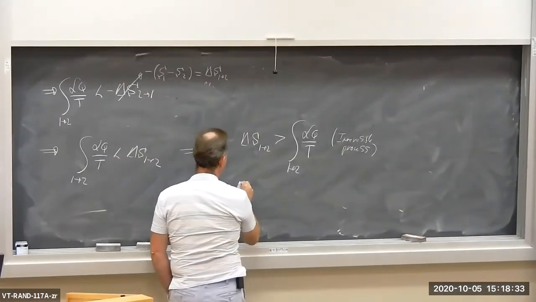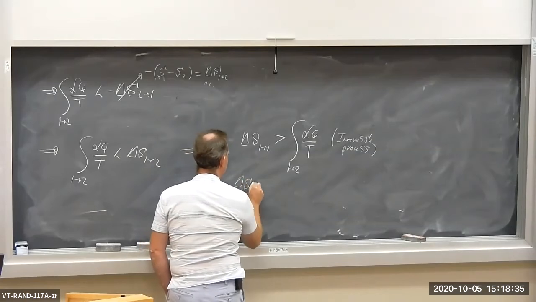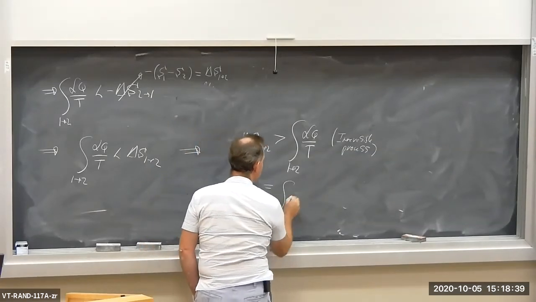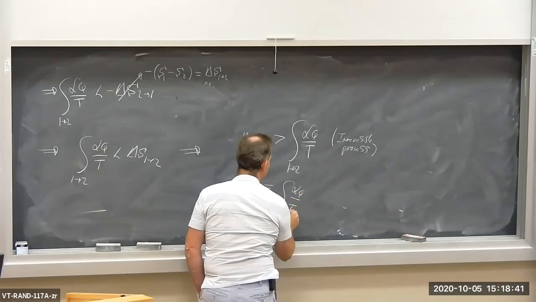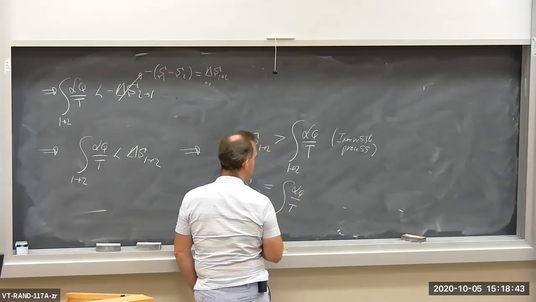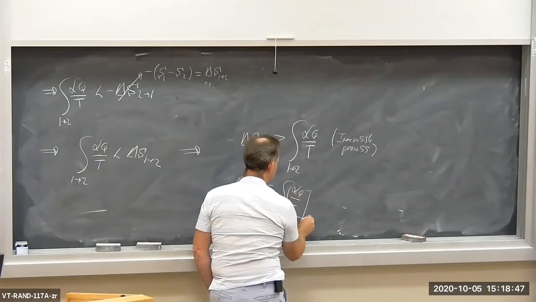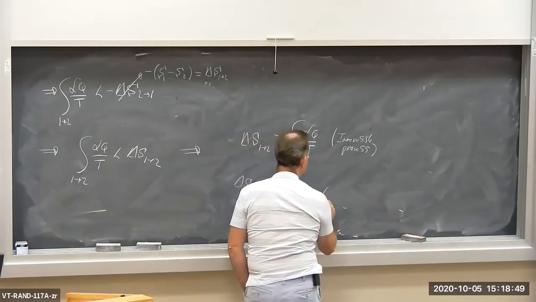So we also have delta S from 1 to 2 is equal to the integral of del Q over T from 1 to 2, provided 1 to 2 is a reversible process.